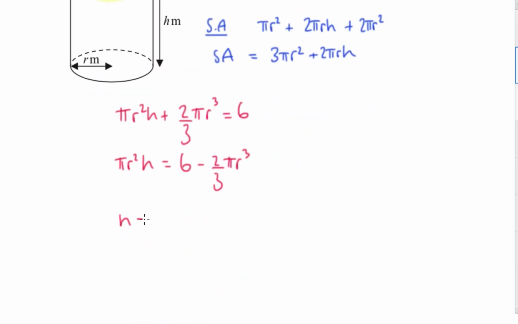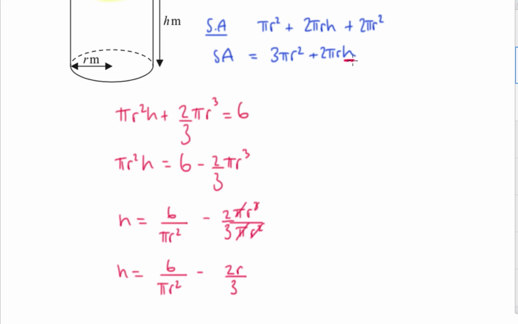So h is going to be equal to 6 over pi r squared minus 2/3 pi r cubed over pi r squared. So the pi's are going to cancel, and most of the r's are going to cancel. We're going to have one extra r on top here. So h is equal to 6 over pi r squared minus 2r over 3.